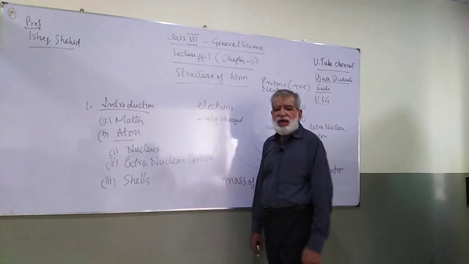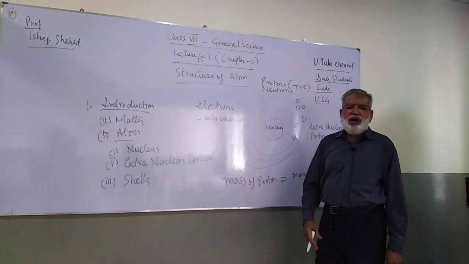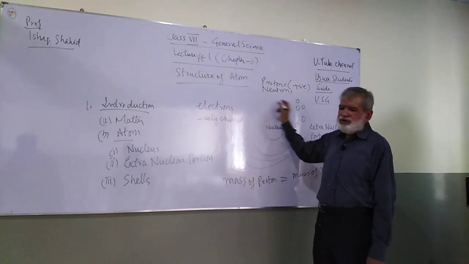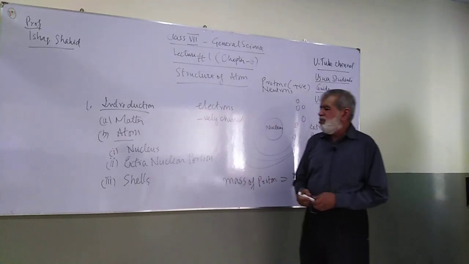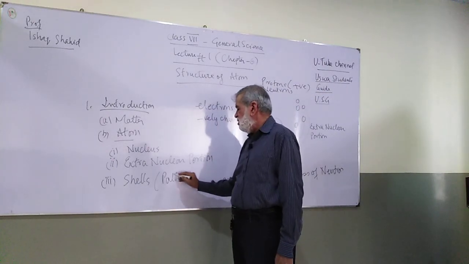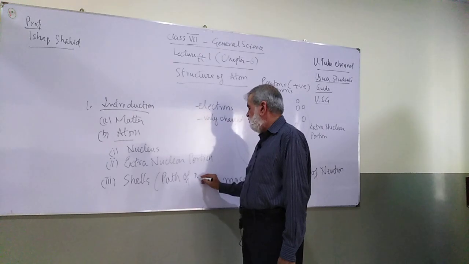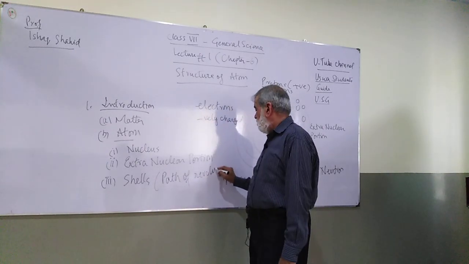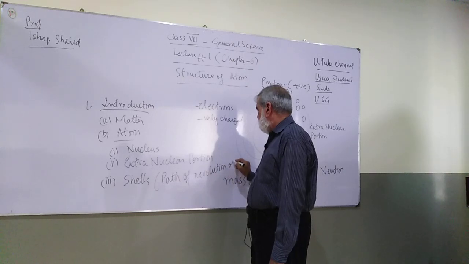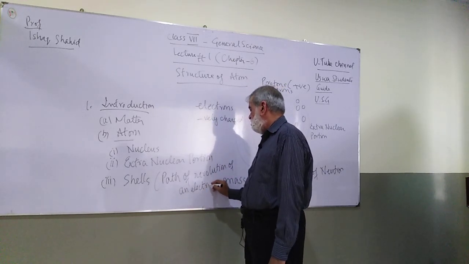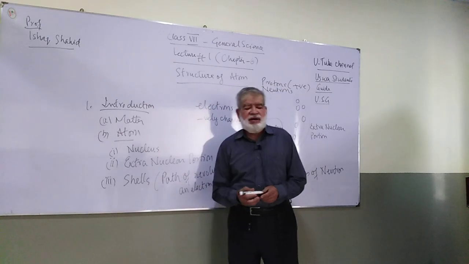What is a shell? The shell is the path or the orbit of an electron in which it revolves. That path of revolution of an electron is known as a shell.